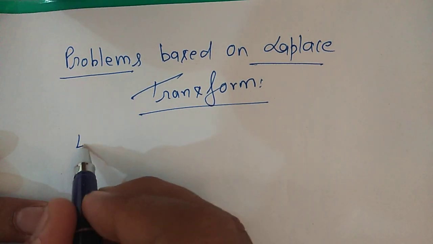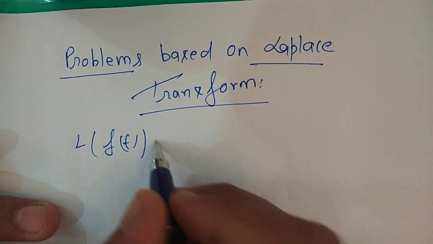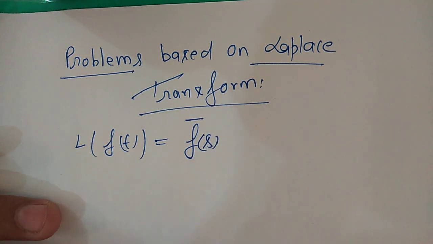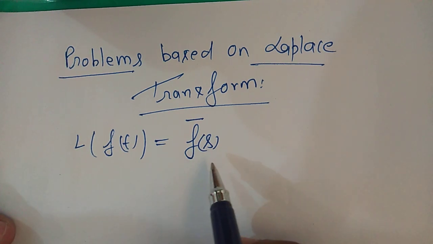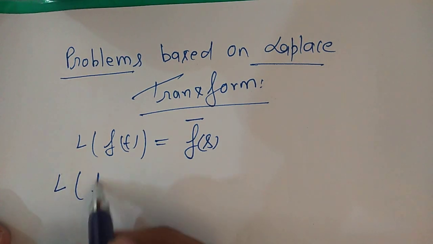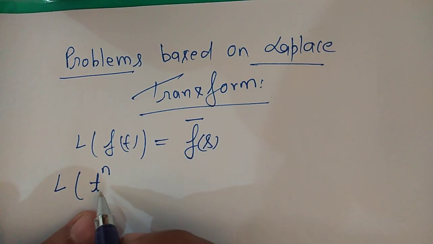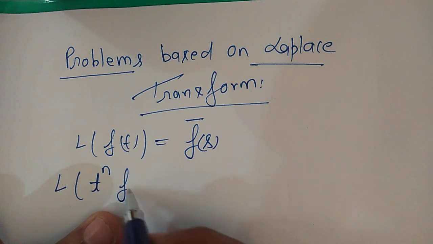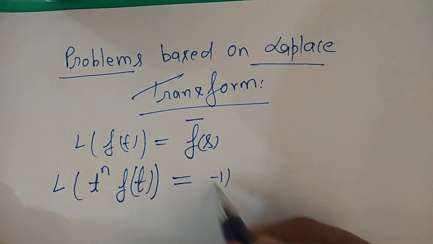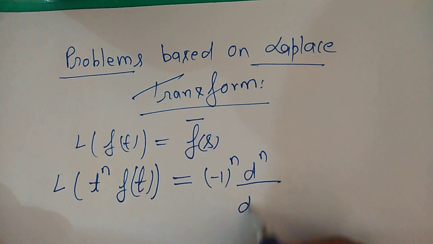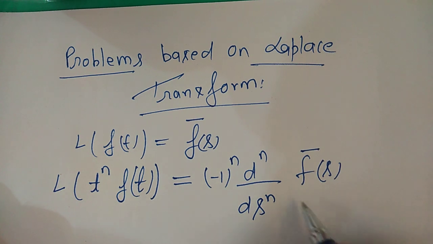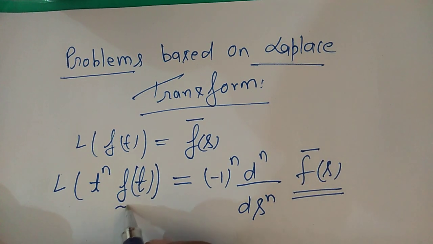If Laplace transform of f of t equals F of s bar, this is the notation, then Laplace of t power n f of t equals minus 1 power n, d n by d s power n, of F s bar. This F s bar is the Laplace transform of f t.